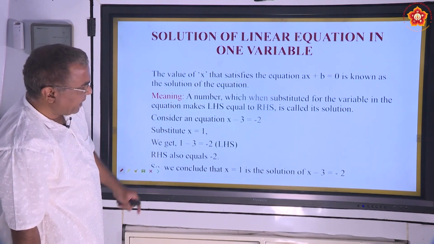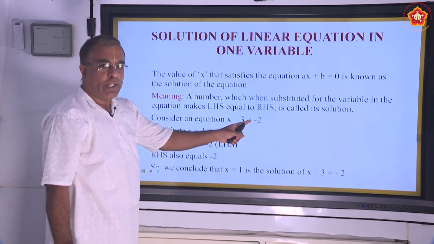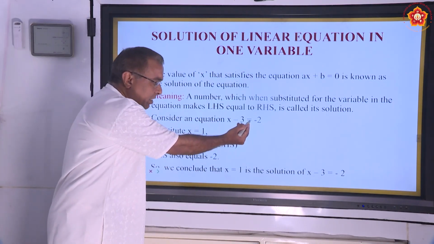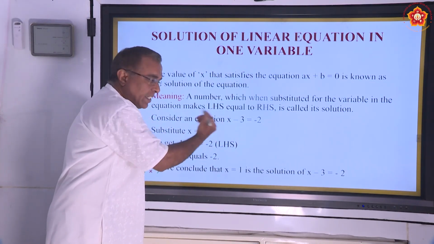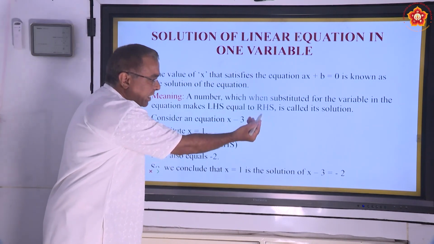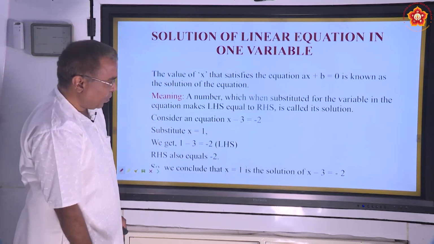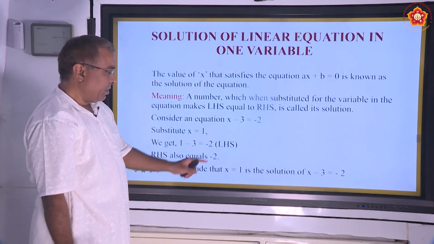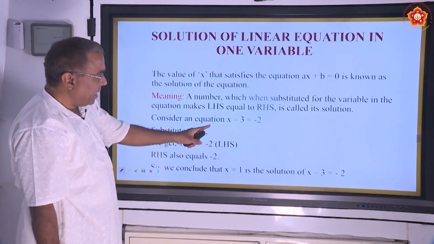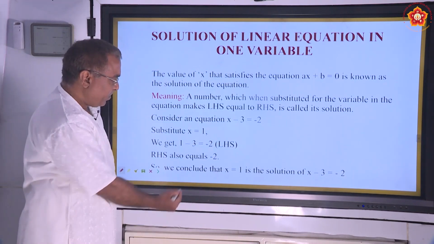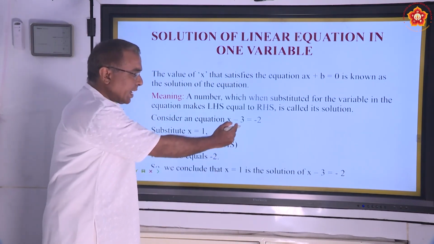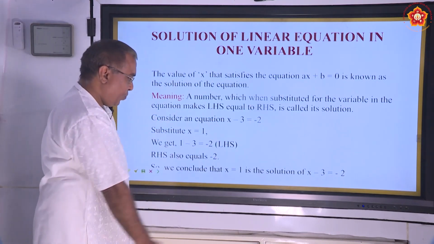Now, consider the equation x minus 3 equals minus 2. Here which terms are on the left hand side of the equal to sign? x minus 3 is on the left hand side and the right hand side is minus 2. We will just substitute x equals 1 and see what happens. In the left hand side when I substitute, we have 1 minus 3. So, that simplified value will be minus 2, and what about the right hand side value? It is minus 2.